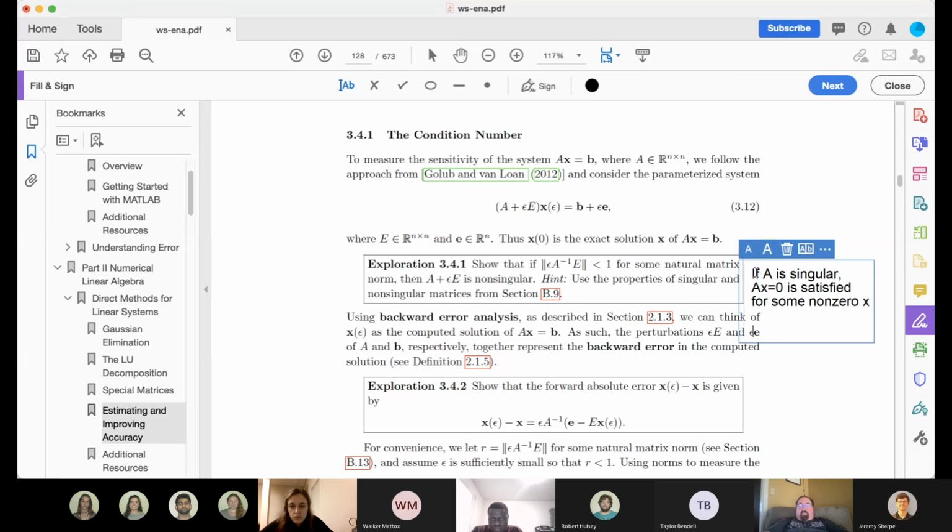So what you can do is assume (A plus epsilon E)x equals 0 for some non-zero x, and then show a contradiction by taking norms.